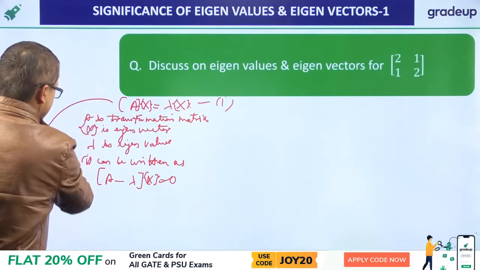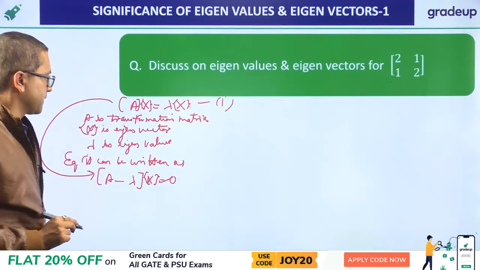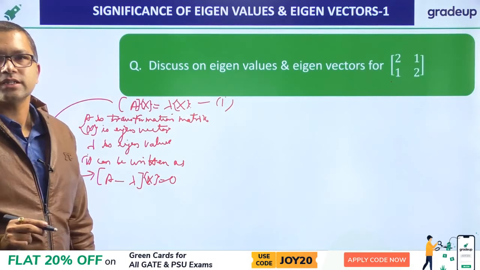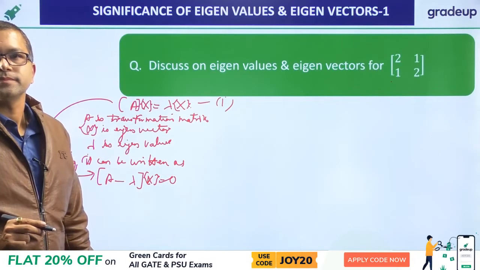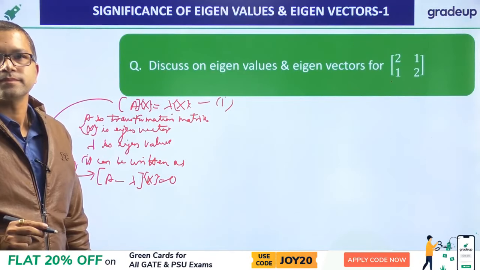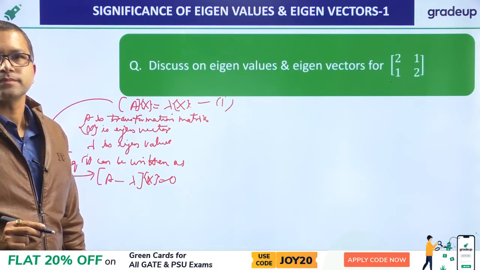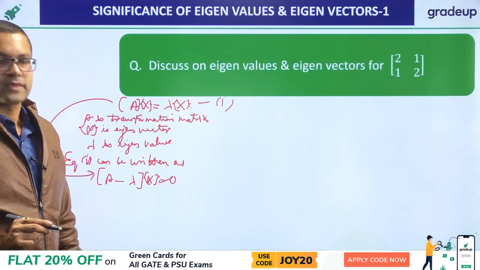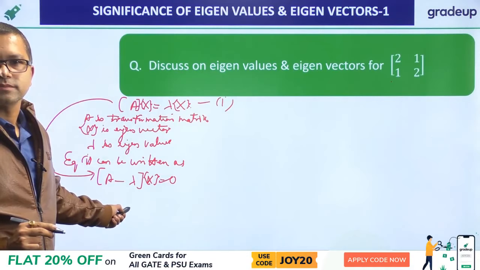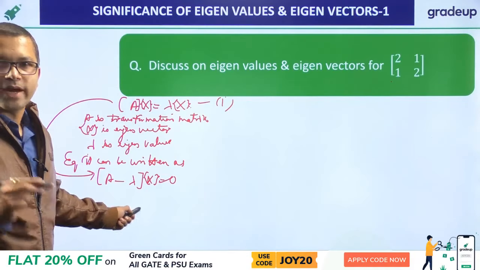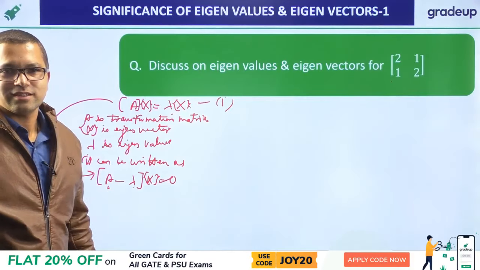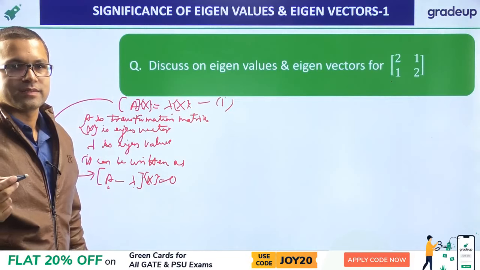Can it be written like this? Is it correct? Mind you that A is a matrix and lambda is a scalar, right?